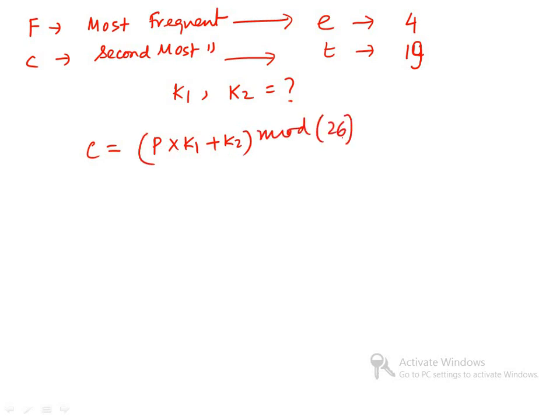So this was the equation we used. Now if you observe, we are going to use this equation itself to solve for K1 and K2, because we know C and we know P, but we don't know K1 and K2. But there are two instances that we know of, 4 and 19.